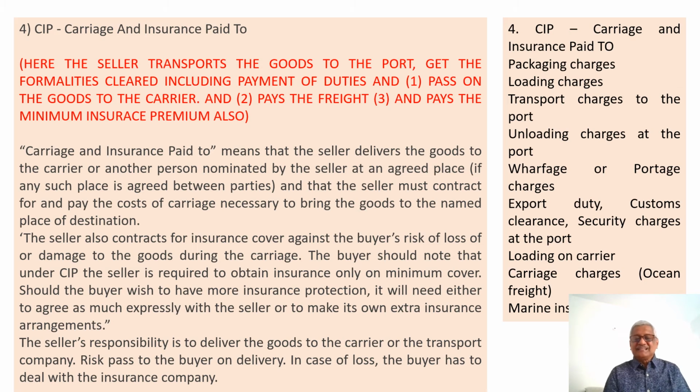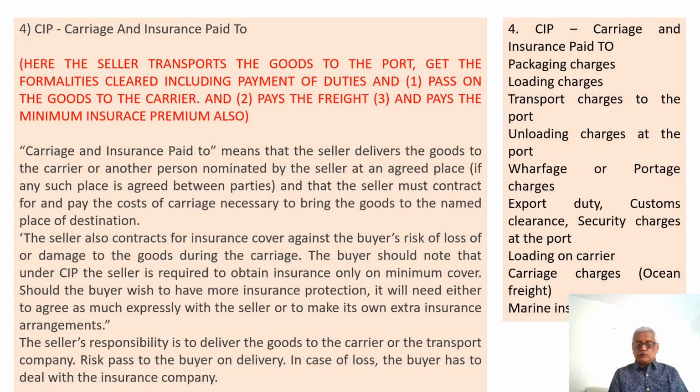The fourth one is CIP, carriage and insurance paid to. Here, the seller transports the goods to the port, gets the formalities cleared, including payment of duties, passes on the goods to the carrier, pays the freight, and also pays the minimum insurance premium. The seller also contracts for insurance cover against the buyer's risk of loss or damage to the goods during the carriage.